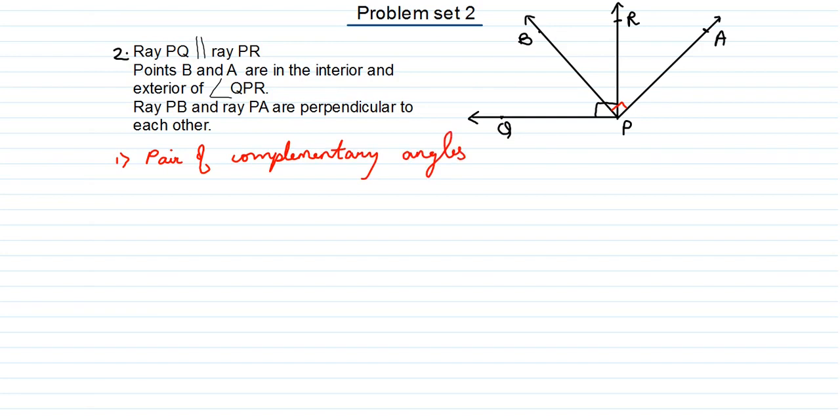What are complementary angles? As we know, complementary angles are the angles whose sum is 90 degrees. Over here we know that the rays PB and PA are perpendicular to each other.